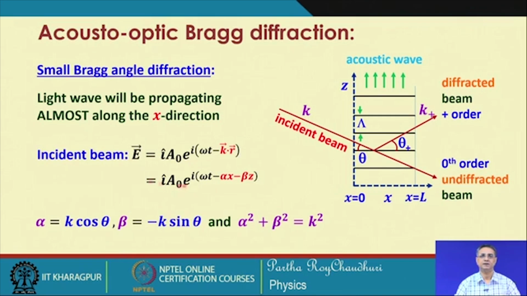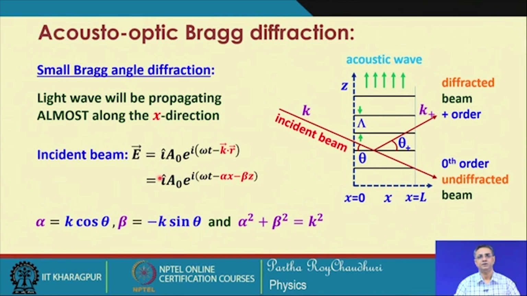So, under this condition we have seen that the incident beam can be represented by e to the power of i(omega t minus k dot r). This k dot r now contains alpha x minus beta z, where alpha is the x component of the propagation vector of the incident beam, and beta is the z component of the propagation vector of the incident beam.